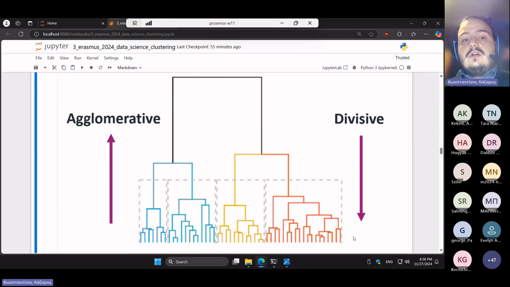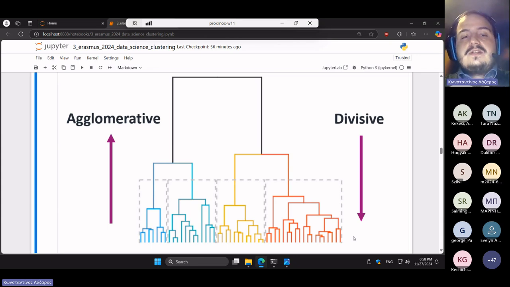When we start with this algorithm, each sample constitutes its own unique cluster or group. Later on, the individual samples that form those individual clusters will start to be grouped together into larger and larger groups according to a specific criterion.